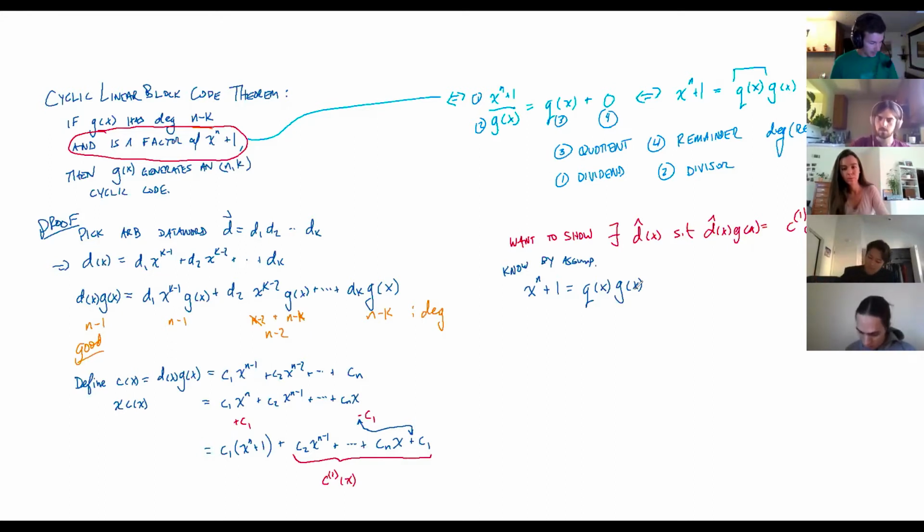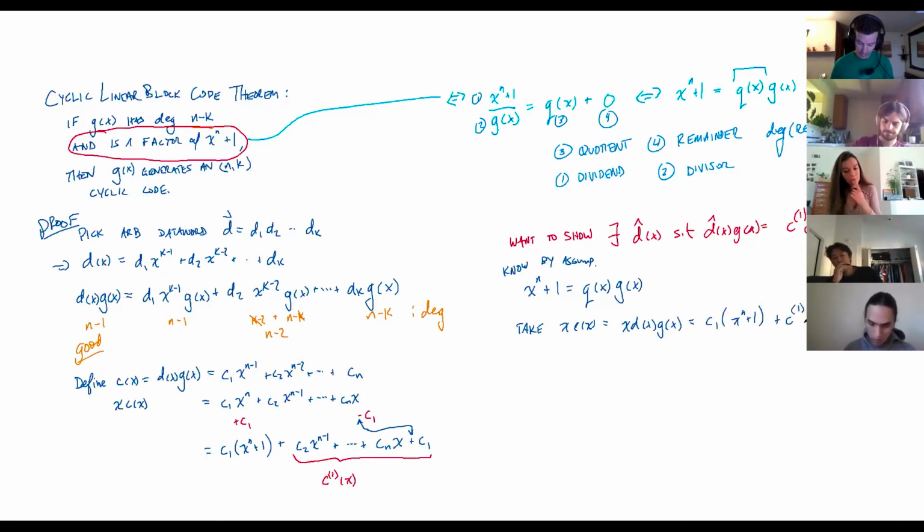Which means that we can take this very last line that we have, so take our expression for x times c of x, and replace c of x with d times g. And we just showed that that equals c1 factored out of x^n plus 1 plus this cyclically permuted code word.